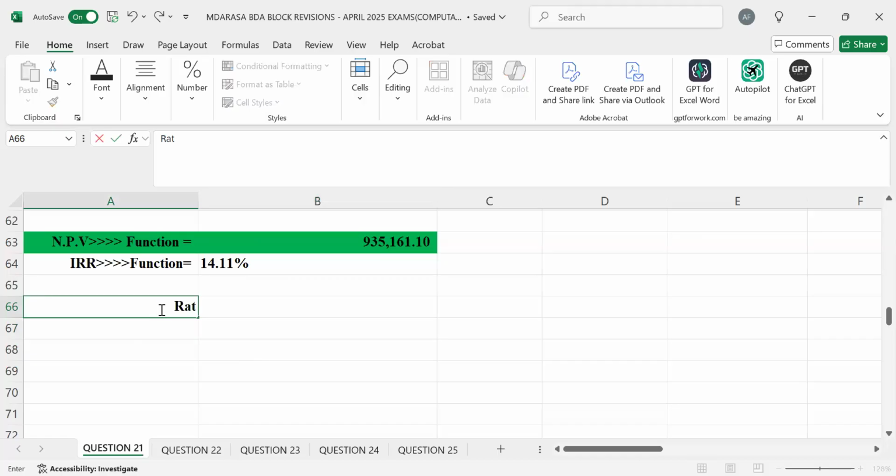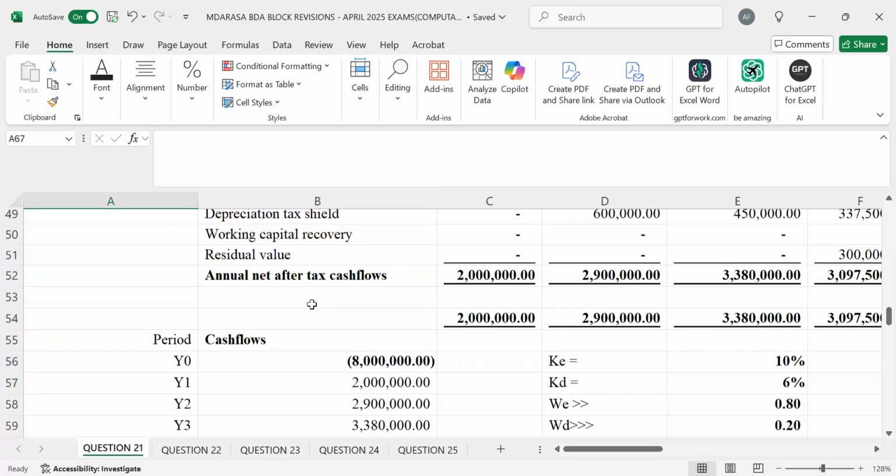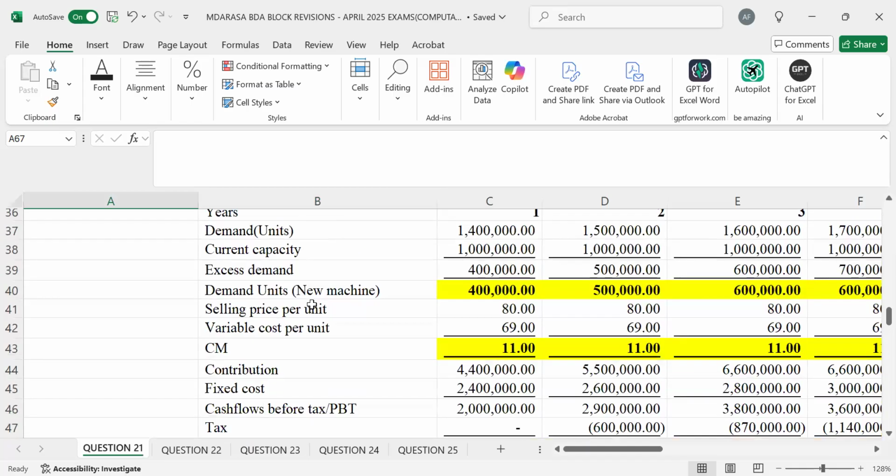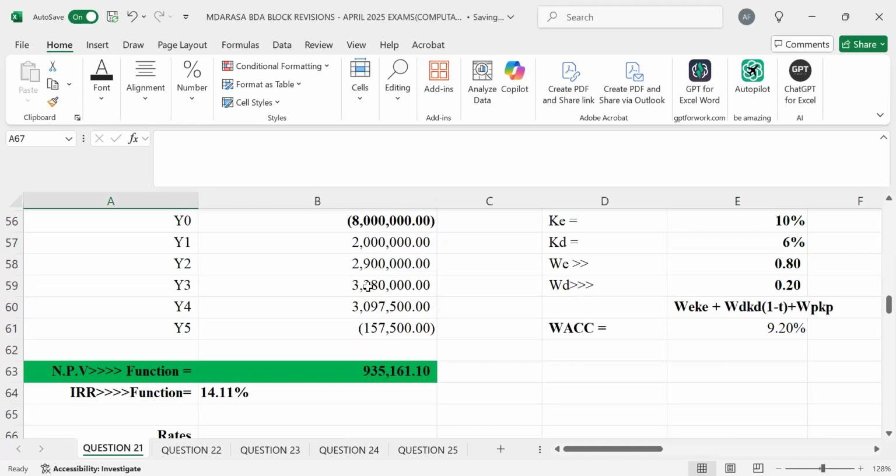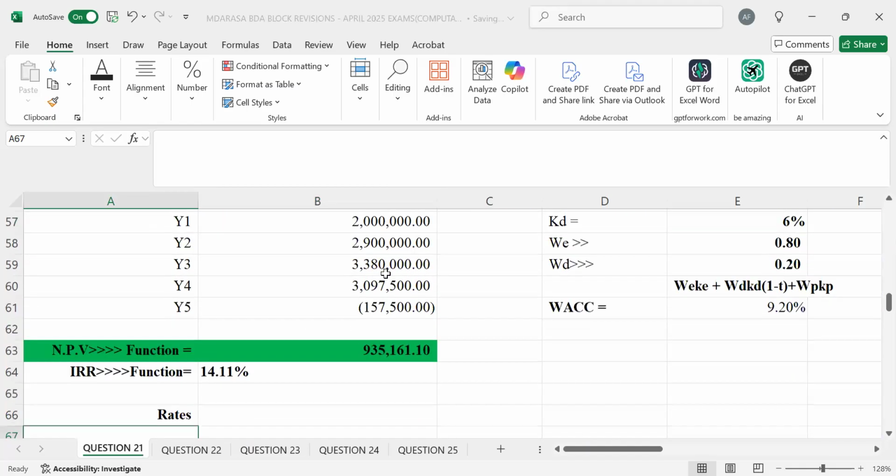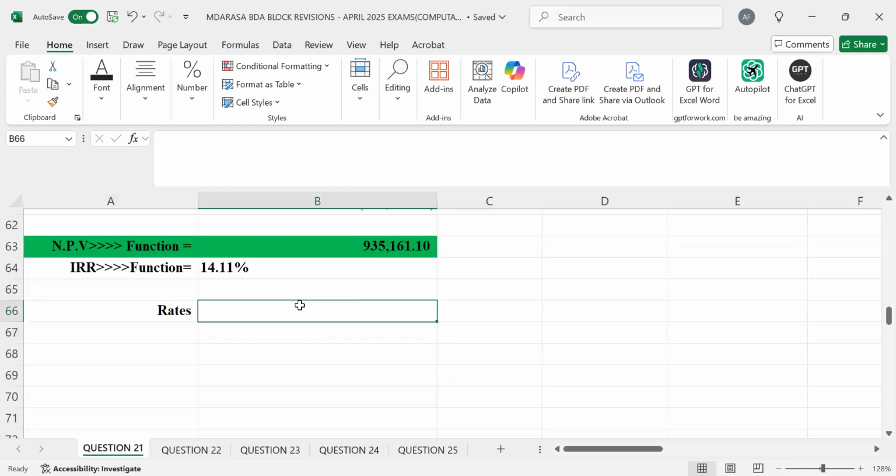So we have our rates here, a guide. In our case, we've already determined our cash flows at that point. You have rate, we have our cash flows here. So we have our NPVs.